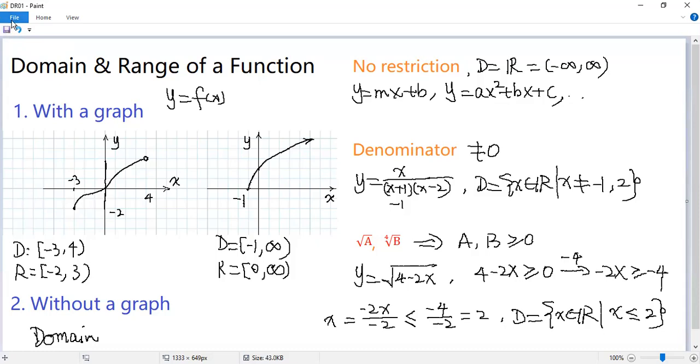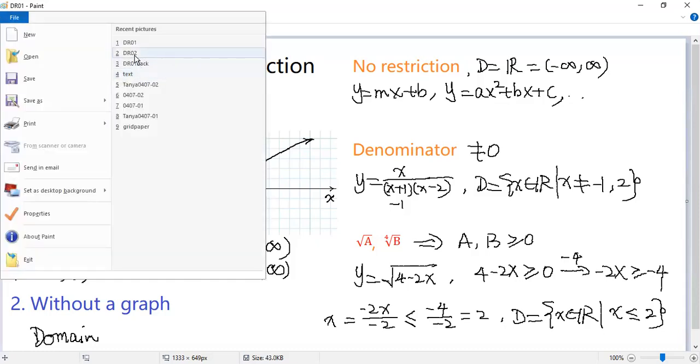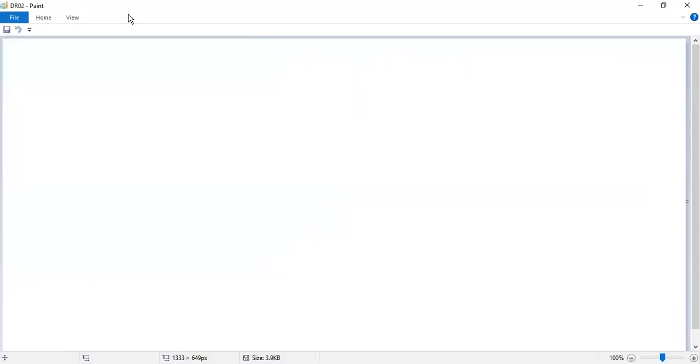Next, we consider range. To find the range, the key idea is to make a connection between x and y. I'll show you a few examples.